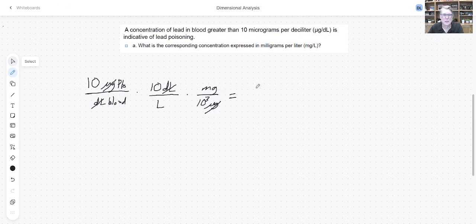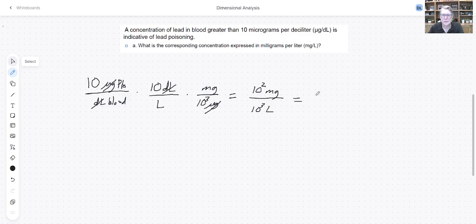Perfect. Let's multiply the values in the numerators. 10 times 10, we have 10 to the second milligrams. And examining the denominators, we have 1,000 liters. All right, 10 to the second milligrams per 1,000 liters.